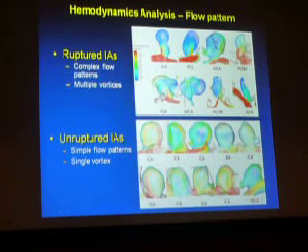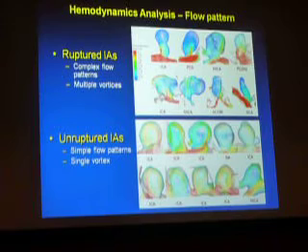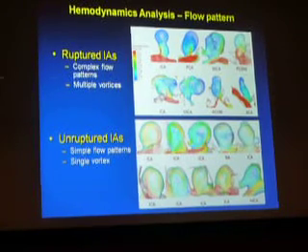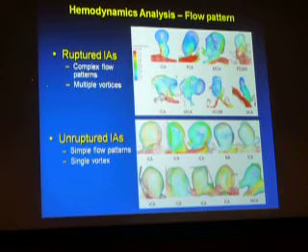First of all, qualitatively, in terms of hemodynamics, these are examples of the ruptured aneurysms, and these are the unruptured aneurysms. We found that the ruptured ones tend to have complex flow patterns. For example, here you have one vortex and a second vortex. We also have multiple vortices. And they tend to have slower flow. You see the blue is slower velocity.